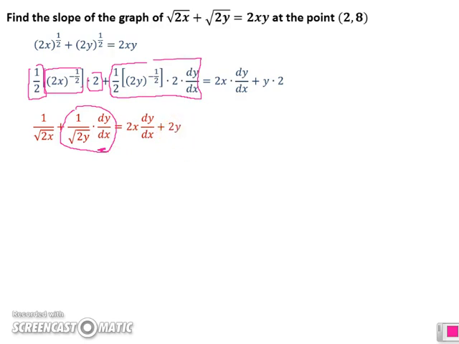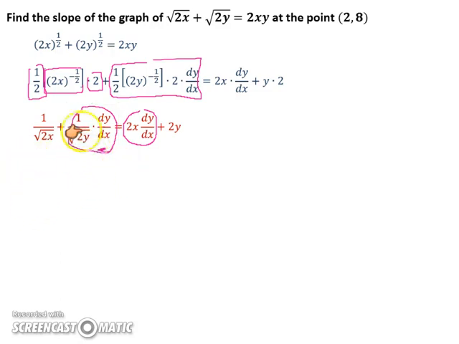So this equation has 4 pieces, and we need to get dy/dx by itself. This is just like basic algebra. I know it's really ugly, but you just have to rearrange things. Put the dy/dx pieces on one side, and you're going to use addition and subtraction because everything's being added and subtracted here.